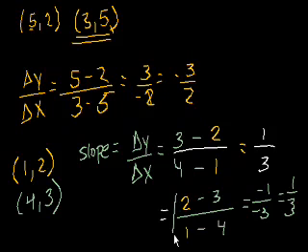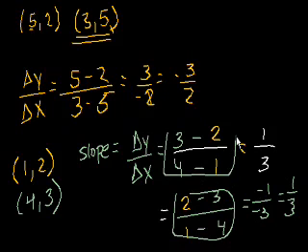So I'll let you think about why this and this come out to the same thing. But the important thing to realize is if we use the 3 first for the y, we also have to use the 4 first for the x. That's a common mistake. And also, you always have to be very careful with the negative signs when you do these type of problems.